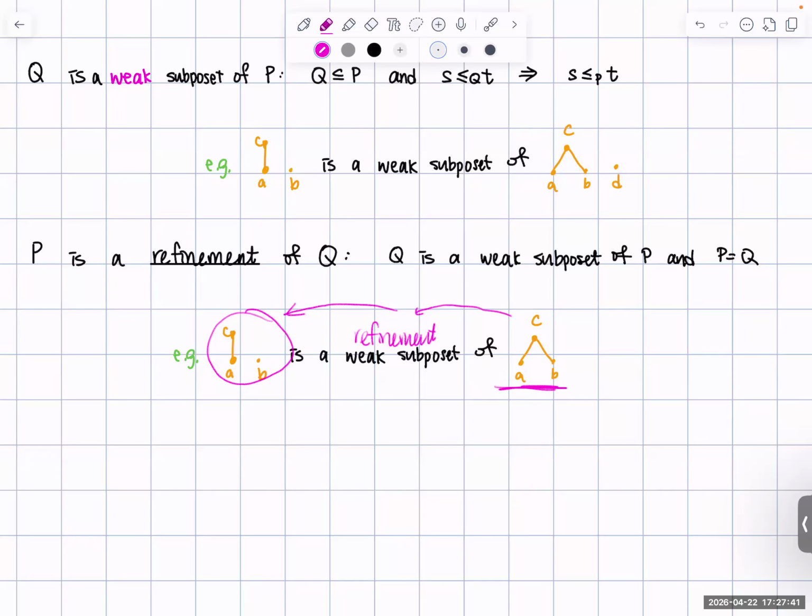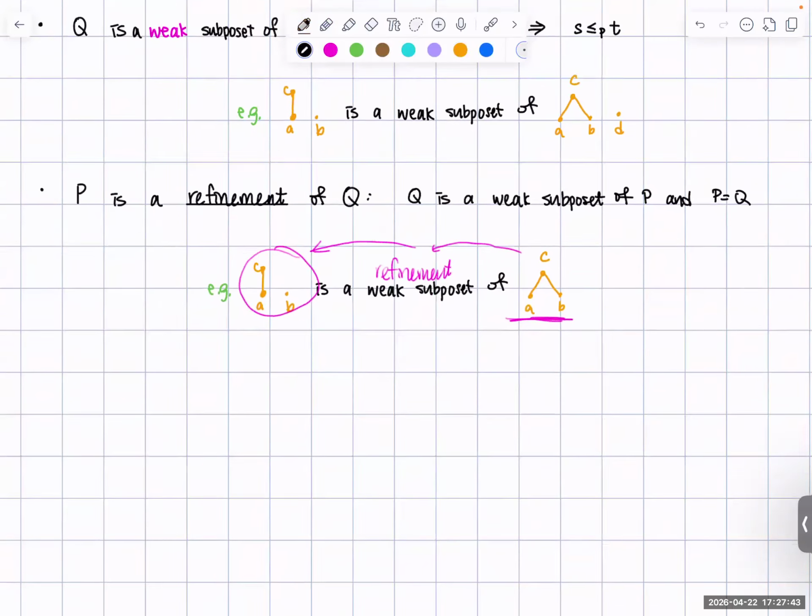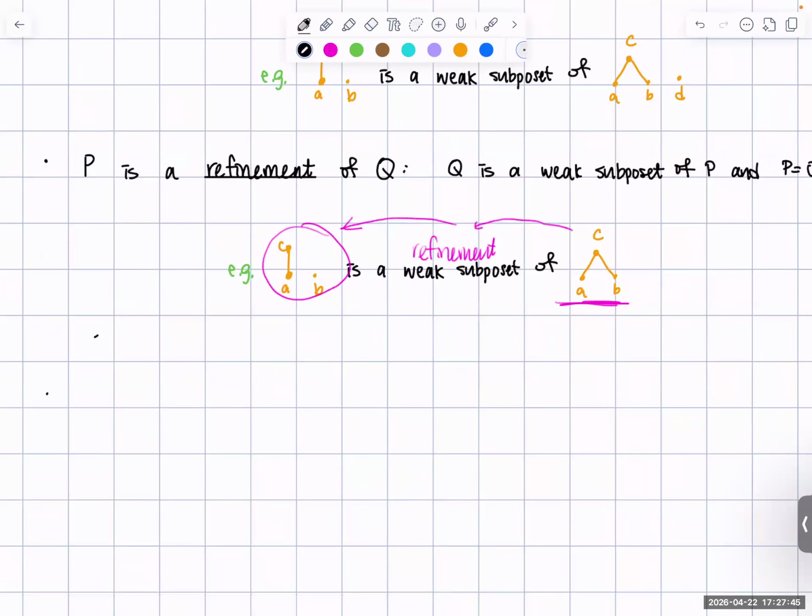Now, the most important one, which I'll leave to the last, is the induced subposet of P. That is the one that most of the literature means when they say subposet or sublattice.